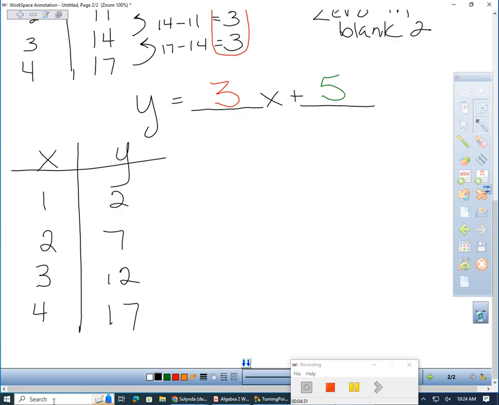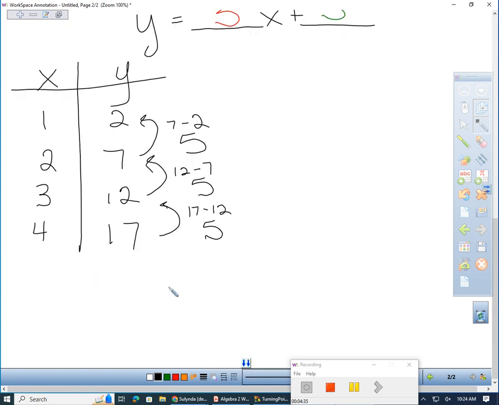All right, the first thing we have to do is check and make sure that it's linear, right? So we go 7 minus 2 is 5. 12 minus 7 is 5. 17 minus 12 is 5.